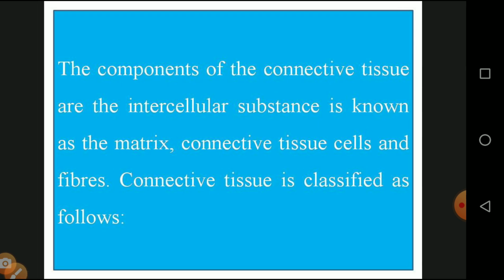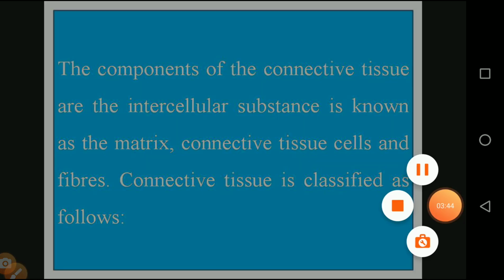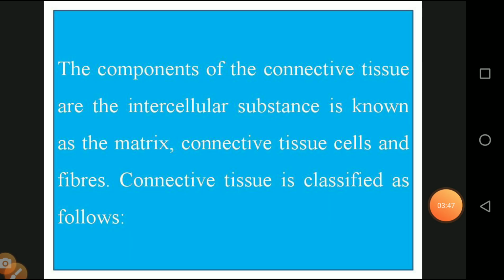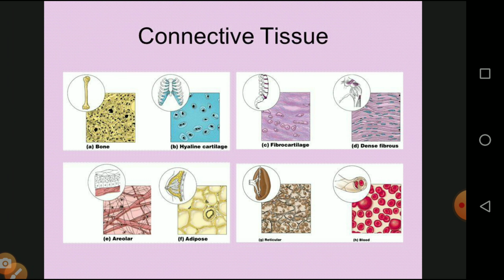The components of connective tissues are the intercellular substance known as the matrix, connective tissue cells and fibers. Connective tissues are classified into the following types: bone, cartilage, fibrocartilage, dense fibrous, areolar, adipose, reticular and blood.